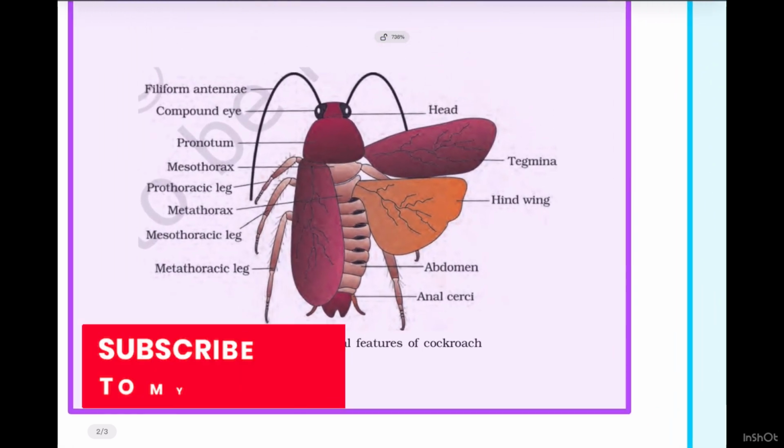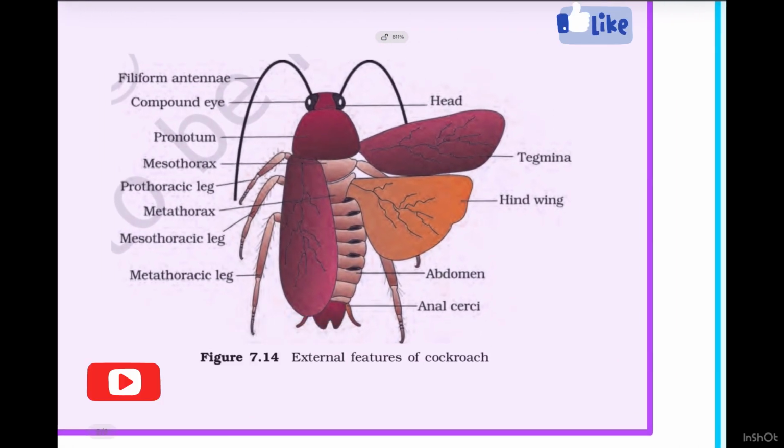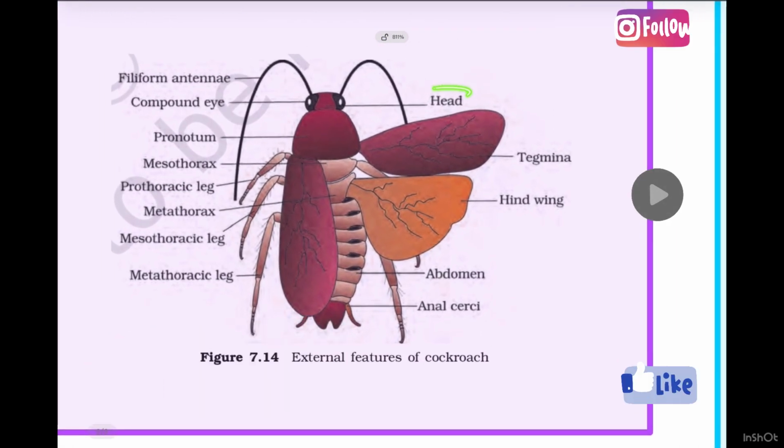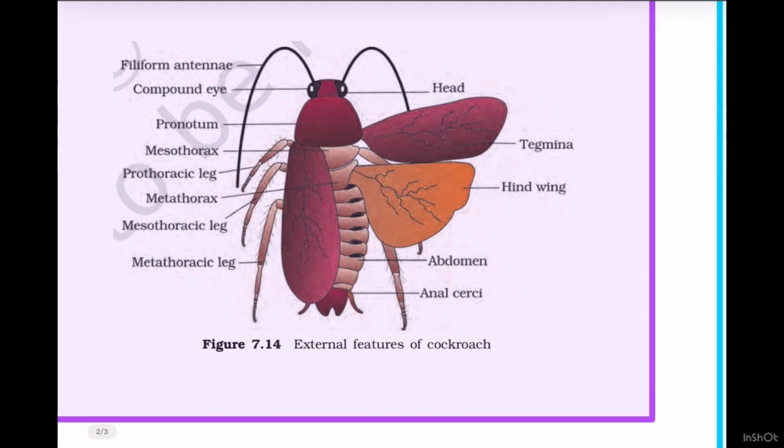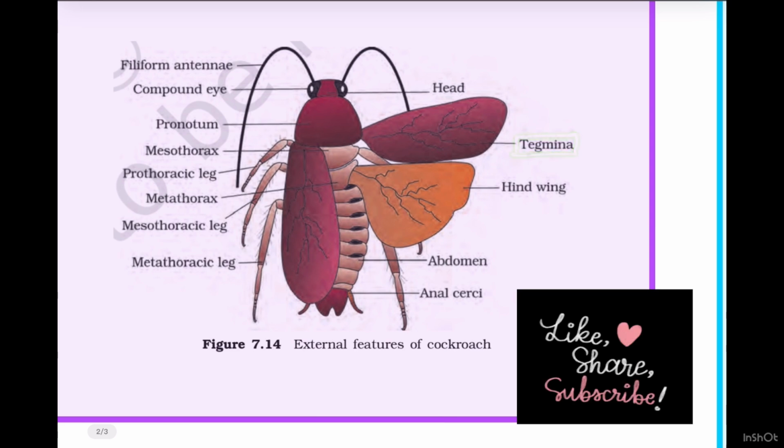And when it comes to the diagram, this is the NCERT diagram. The body is divided into head, thorax, from here to here is the thorax region, and abdomen. And here are the wings: this is the forewing and this is the hindwings. Forewings can also be called tegmina.